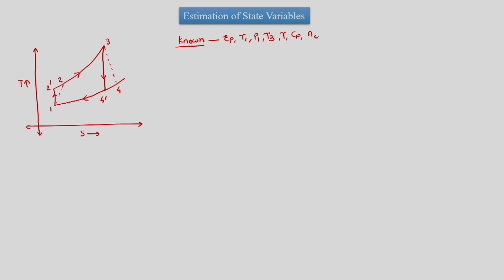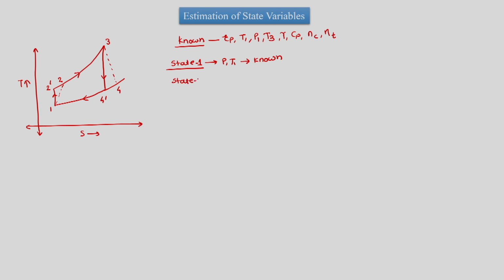Along with that, now let us say that we know eta T and eta C. So knowing these things, we have to find out the rest of the quantities at all the corners of the cycle. So let us start with state 1, where P1 and T1 are known. So we don't have to calculate anything.